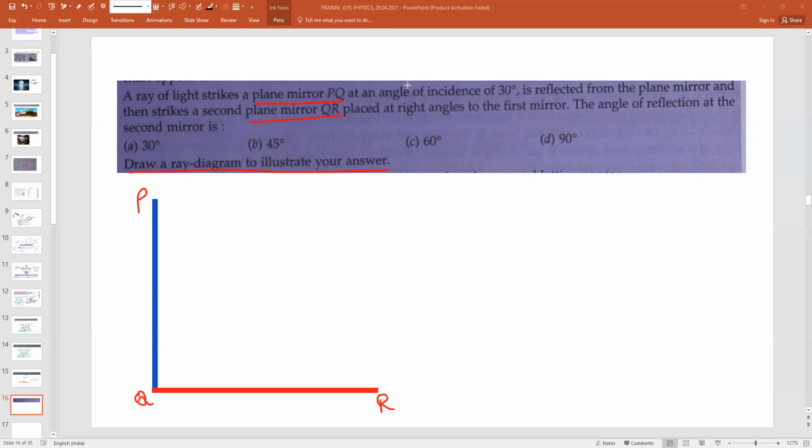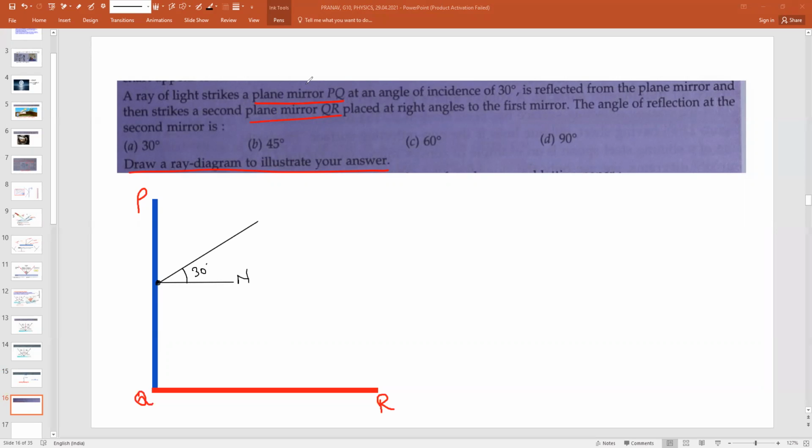On both the plane mirrors, we have a normal line like this. So this is the first one. Just suppose that this is the angle of incidence, so this angle is 30 degrees.